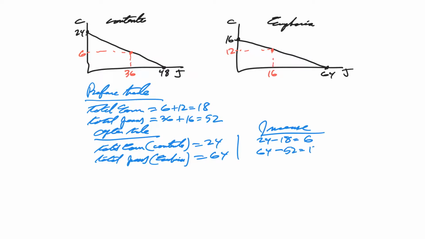So because of specialization and exchange, Contente producing all the corn, Euphoria producing all the jeans, and then trading with each other, there is now an increase of 6 corn in the world and 12 jeans that simply weren't being produced before.